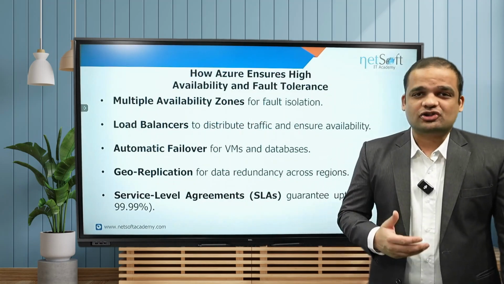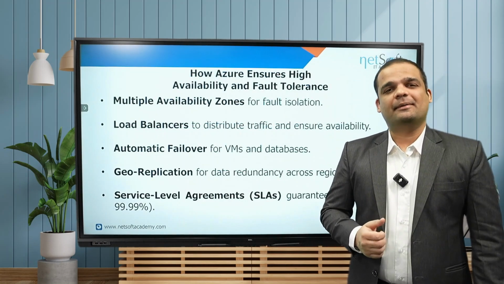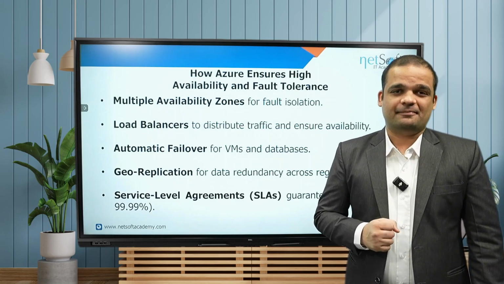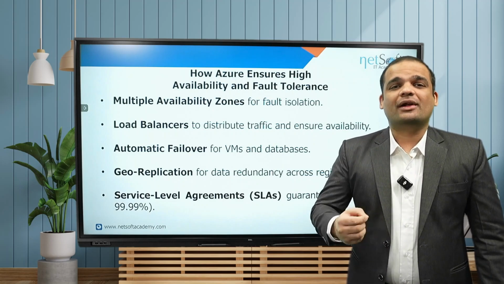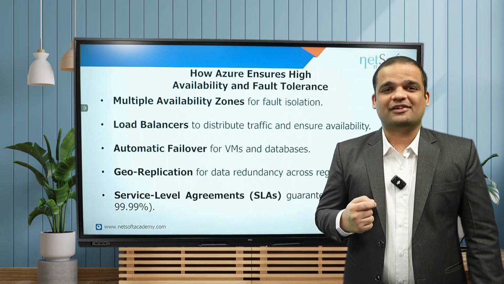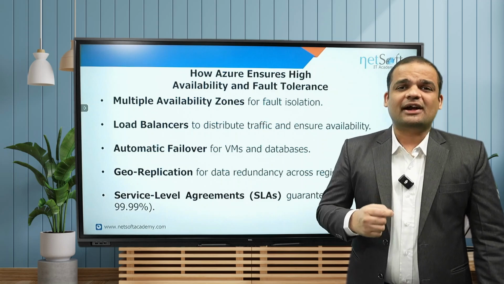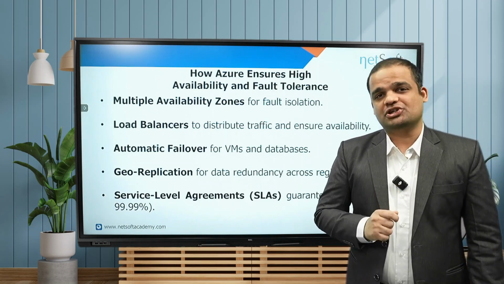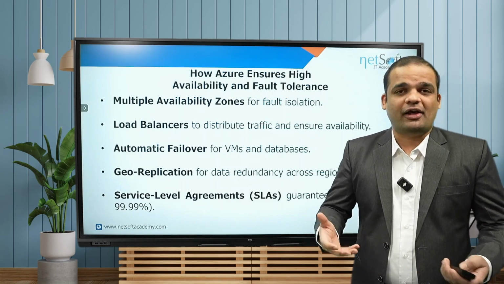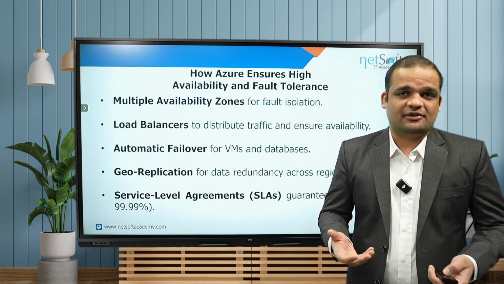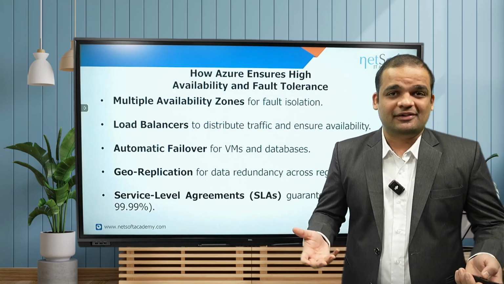Now, how does Azure ensure high availability and fault tolerance? Azure's architecture is built with high availability and fault tolerance in mind, ensuring that services remain operational even in the event of a failure or maybe a natural disaster or maybe a man-made event.